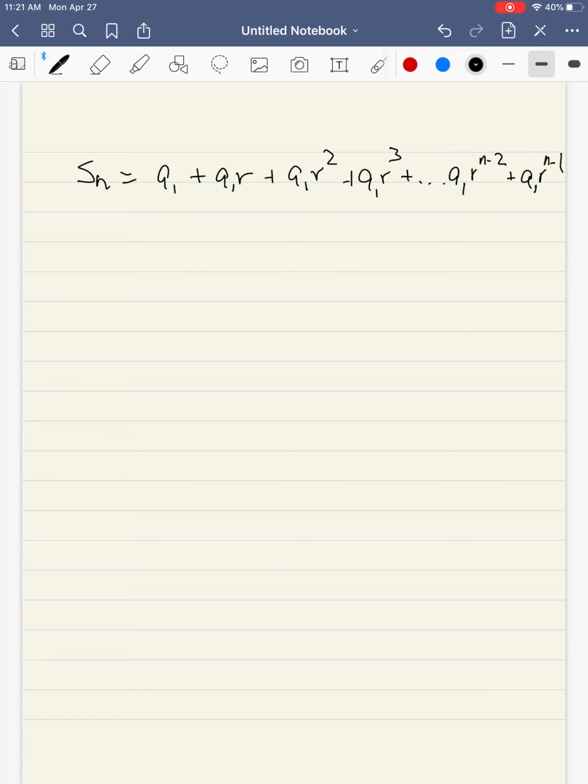Okay, so to develop this series, what we're going to do is multiply this equation by negative r. So negative r times S sub n will be a1 times negative r, which is going to line up over here. And then this term times negative r would be minus a1 r squared. Then this one times negative r would be minus a1 r cubed.